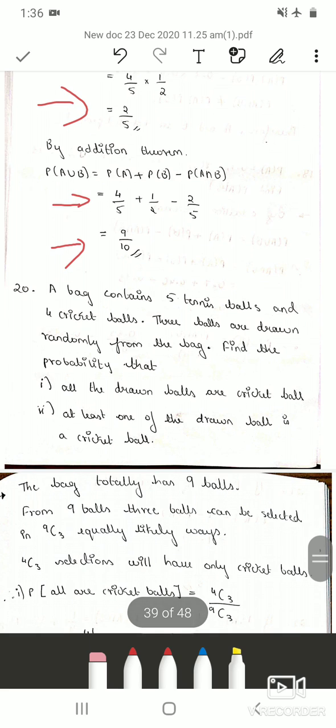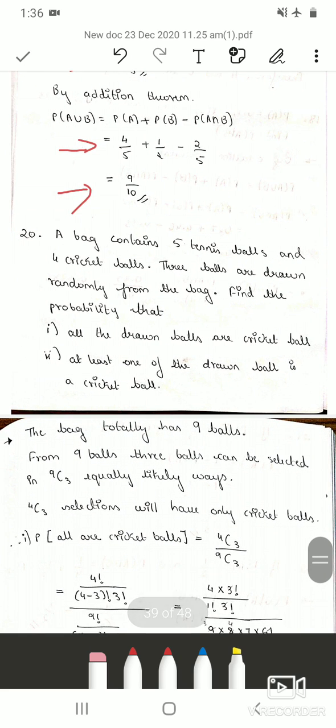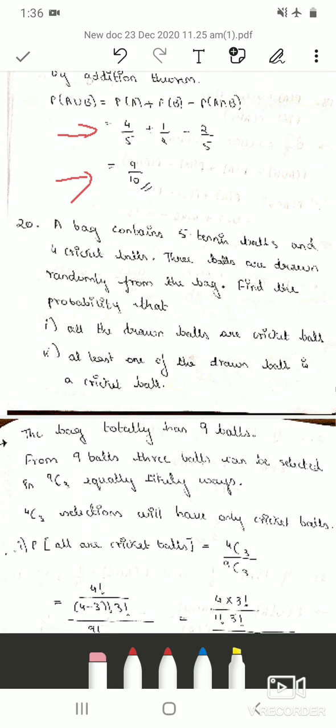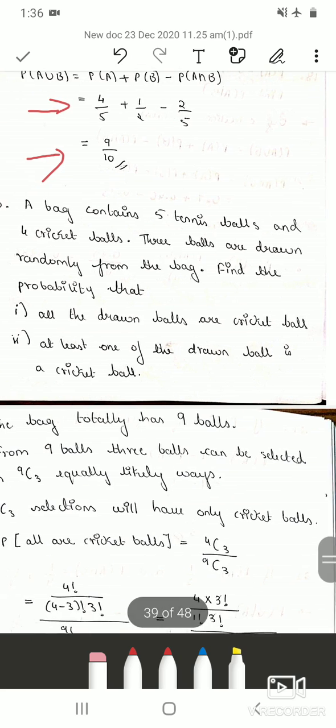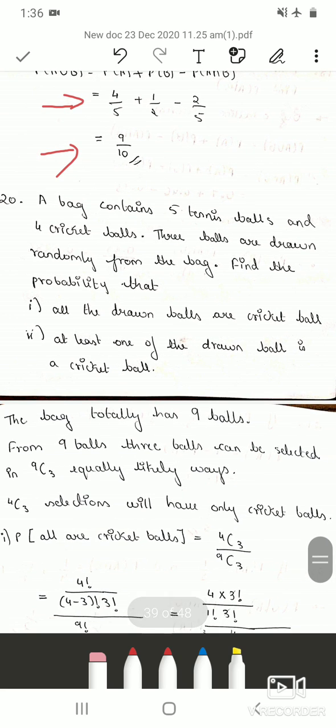So the 20th question is, a bag contains 5 tennis balls and 4 cricket balls. 3 balls are drawn randomly from the bag. Find the probability that all the drawn balls are cricket balls. And the second sub question is, at least one of the drawn balls is a cricket ball.